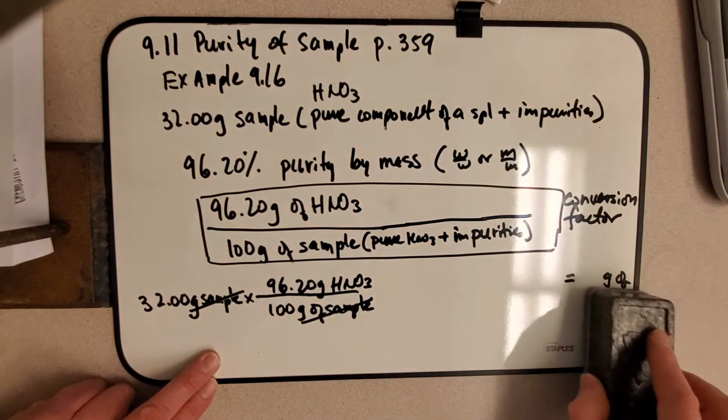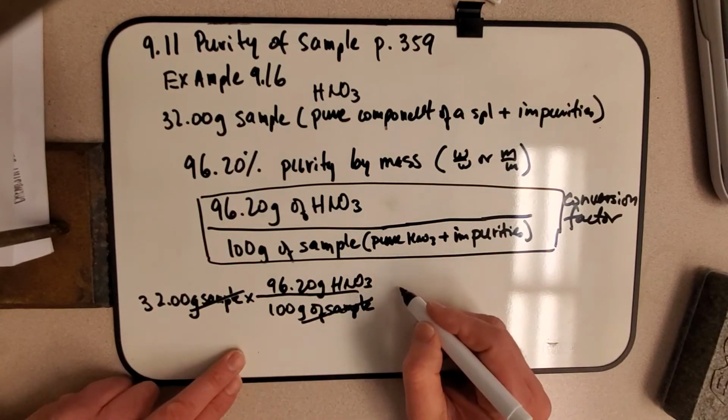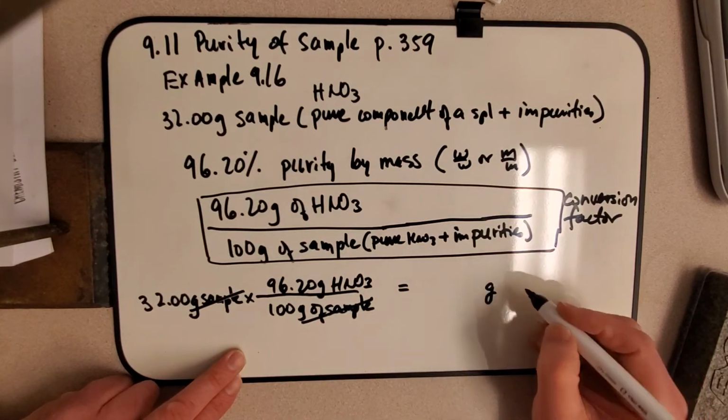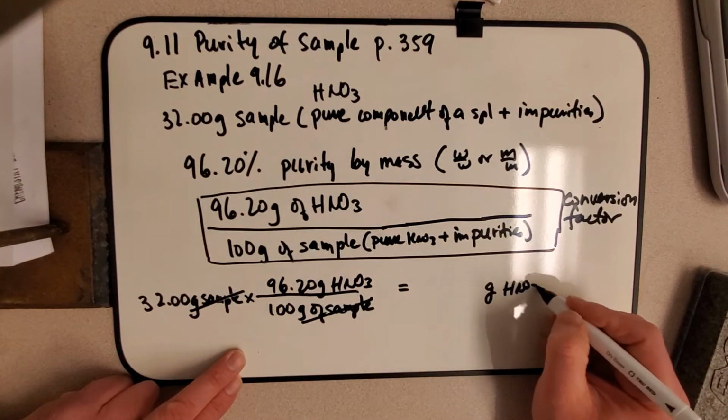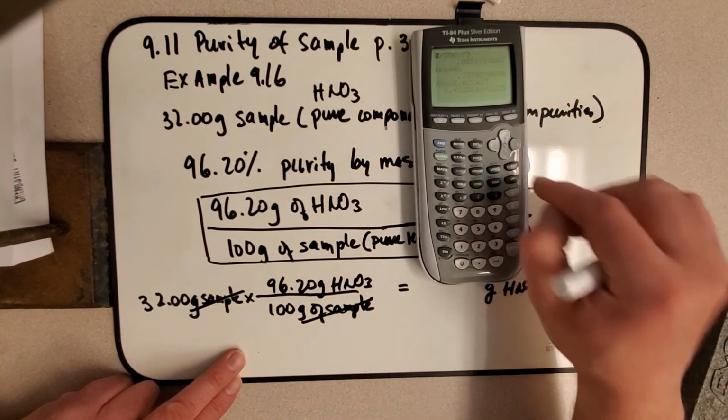You see how I lined up the units that I want to cancel, and they canceled. All I'm doing is a one-step conversion, and this unit here is grams of HNO3. All I have to do is a little mathematics, and I'm going to use my calculator.